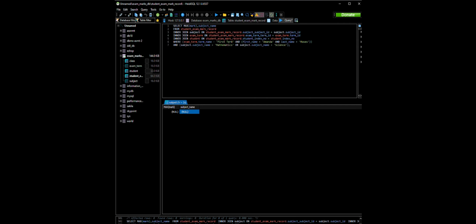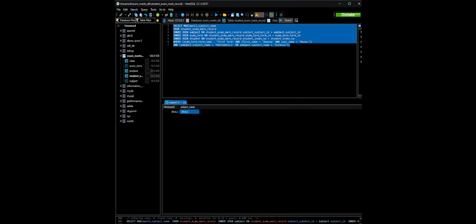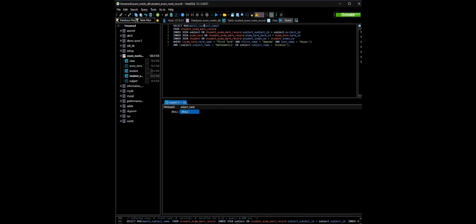So we have joined in our tables, and our columns are correct: exam term dot term ID, term name is correct, the first name is correct, last name is correct, subject name is correct. So let's see the error which we made again.